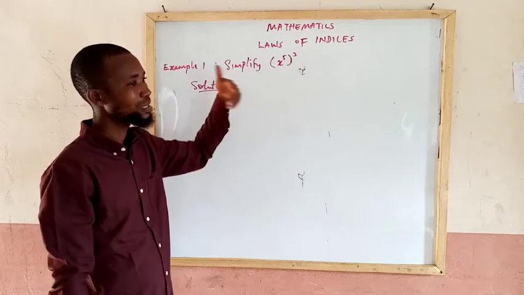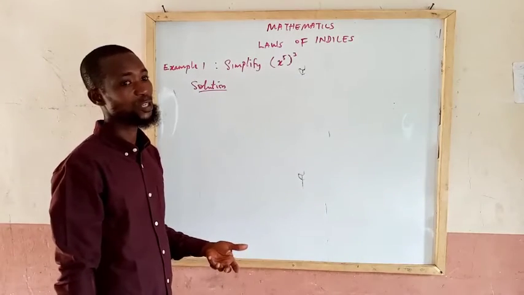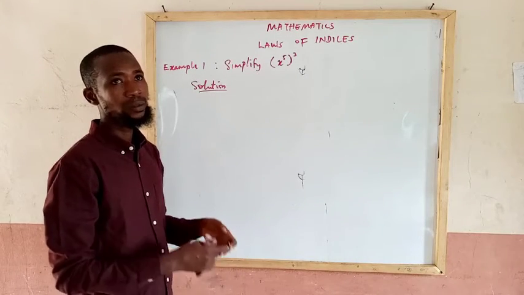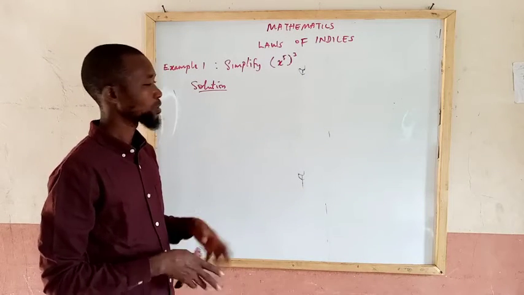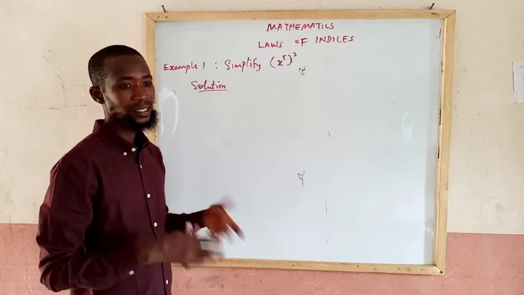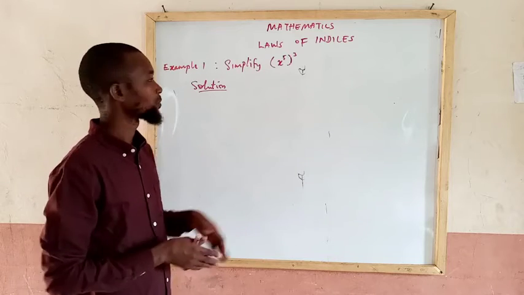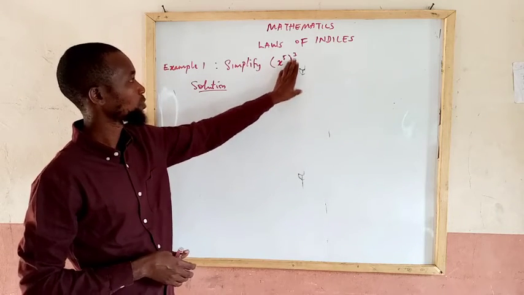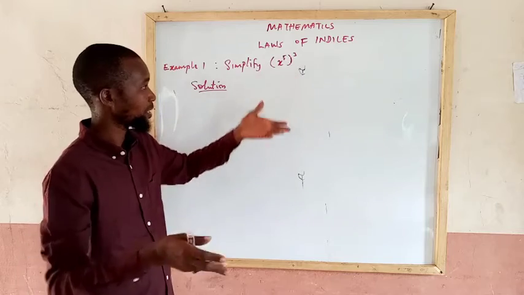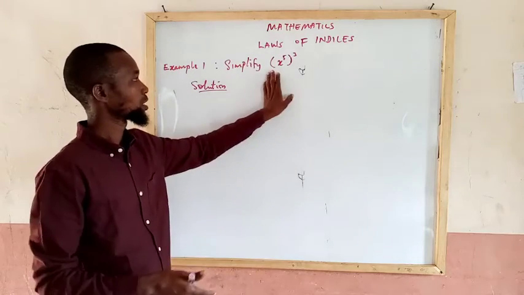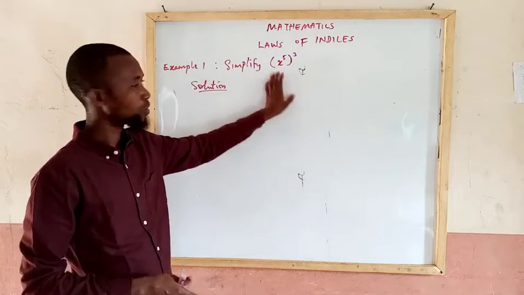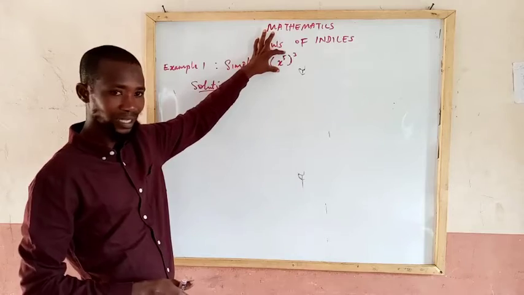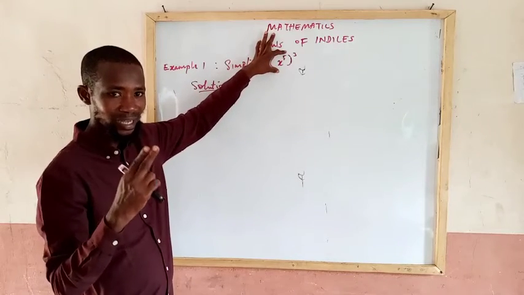Don't forget, anything that is written in index form means that such a thing should be repeated a certain number of times. So since we have x raised to the power 5 in brackets raised to the power 3, what this means is that the element inside the bracket should be repeated how many times?